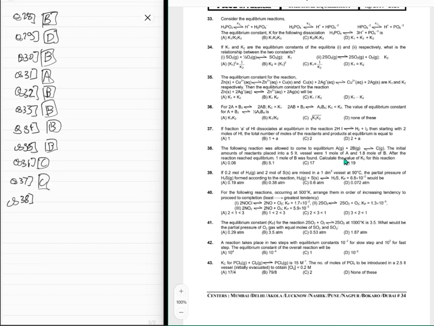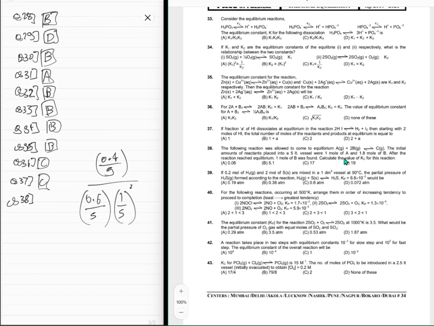5-liter vessel. Okay, this matters now. That's bad. It's not just that. You also have to account for the volume, because it's not just the moles, it's also related to the volume. So once again, it's 0.4 upon 0.6 into 1 squared, but instead you would have 0.4 upon 5, because 5 is the volume. Right, molarity, not the moles.